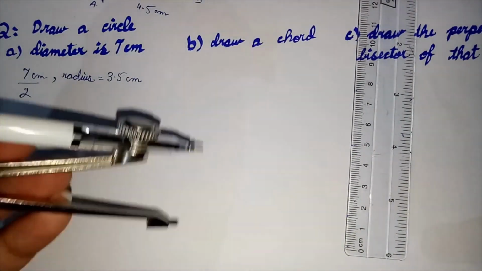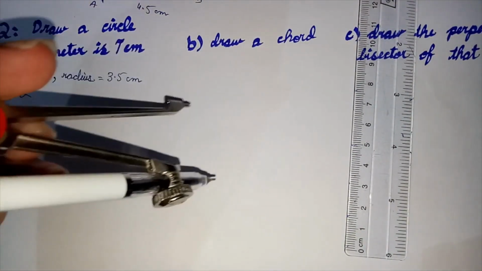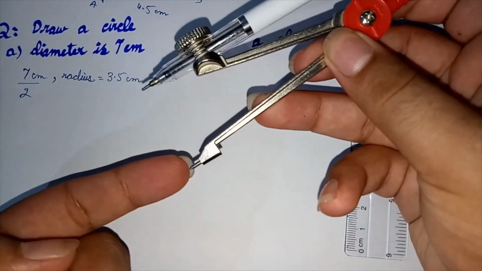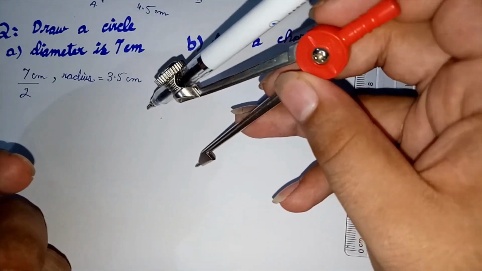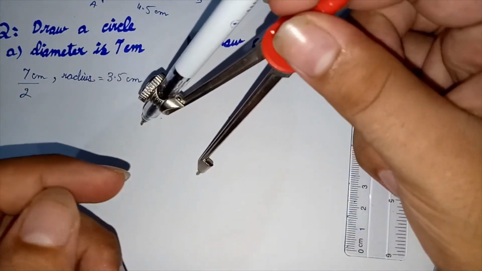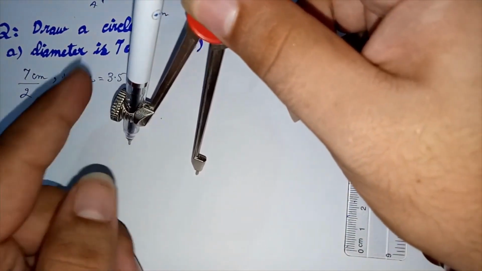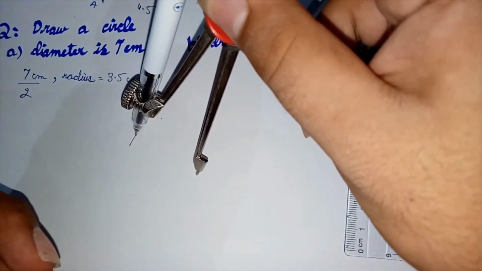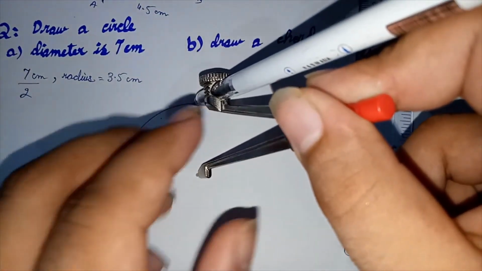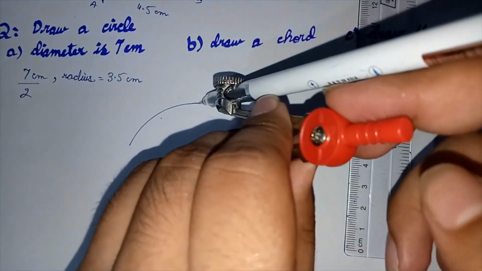So now we have the radius. So what we will do, here we will take this point and drop it here, and now we will draw a circle by rotating this pair of compasses.